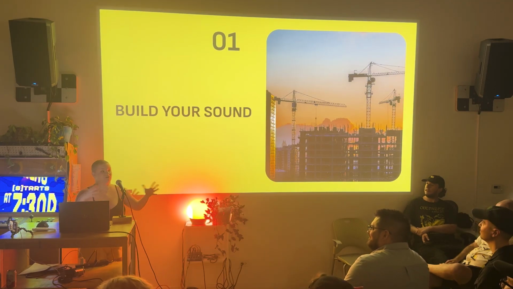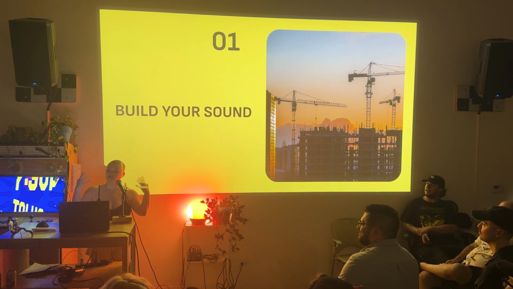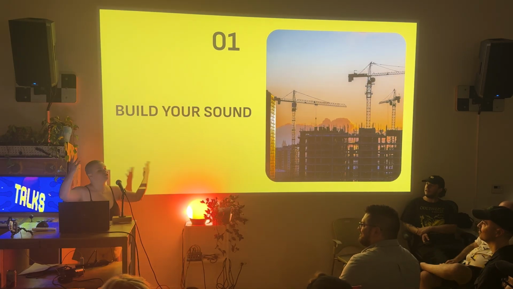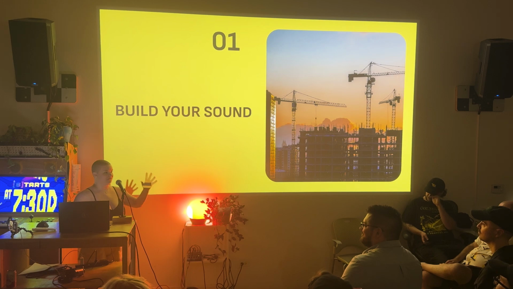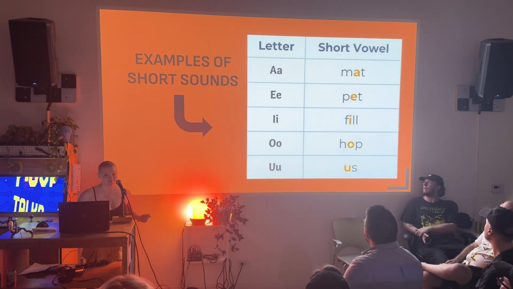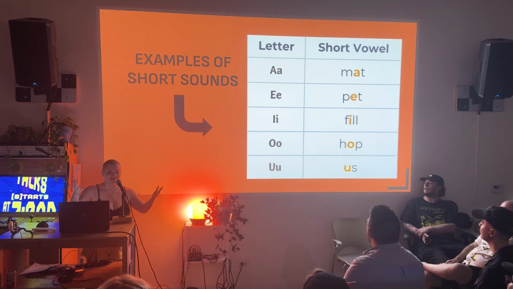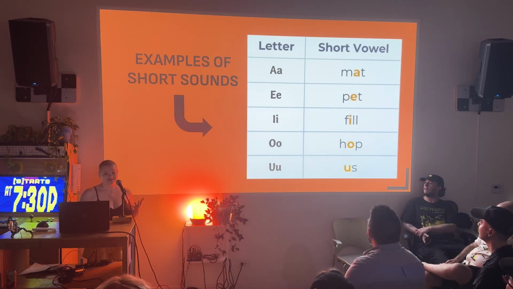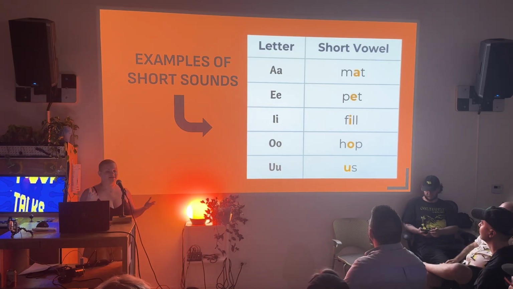So, for example, the long sound of the letter A is "A," and the long sound of the letter E is "E," and so on and so forth. But today we're going to focus on using short vowel sounds for our reacts. So, here are some examples. We've got "a" as in mat, "e" as in pet, "i" as in fill, "o" as in hop, "u" as in us.